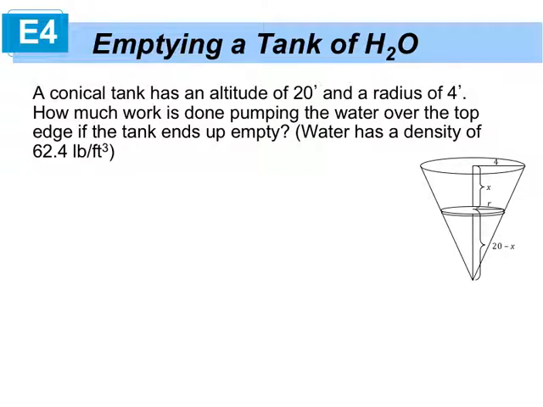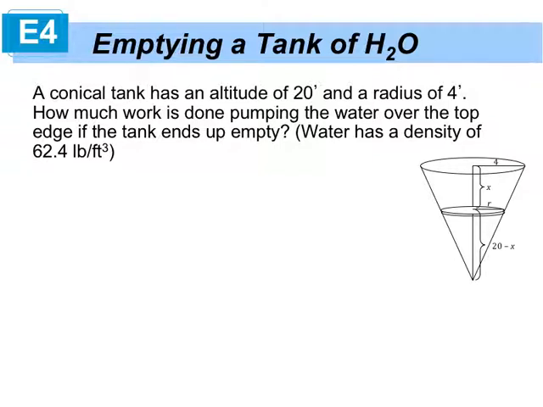You'll notice in the picture, I chose a disk somewhere on that cone. It doesn't matter where you choose it, it's a random distance. But I have to pump that disk of water over the top of the tank, which is that distance x. The problems get a little bizarre because you can choose how to define things.